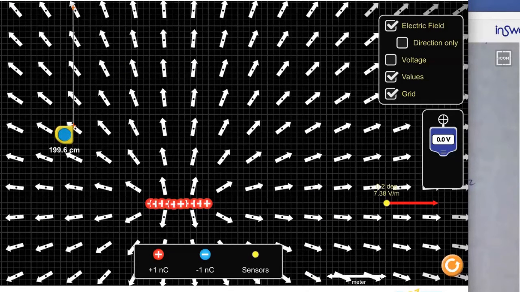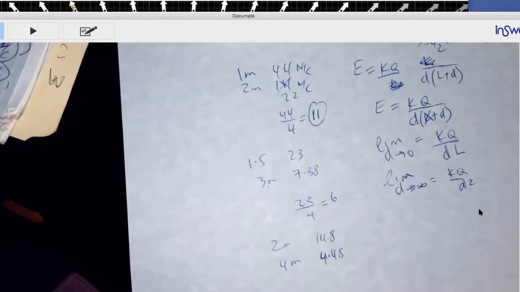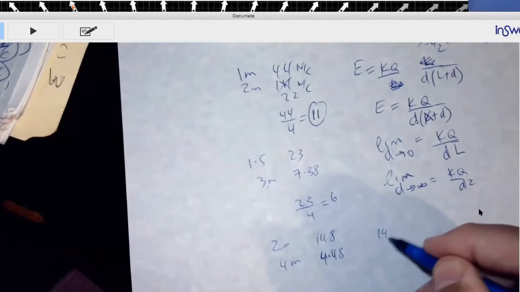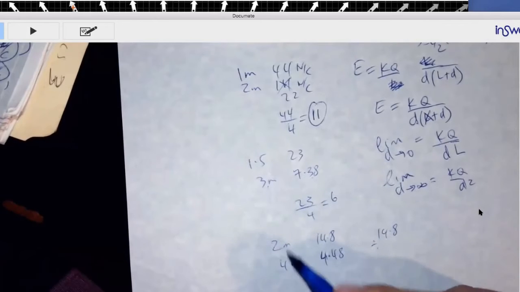Let's compare 2 meters, which is 14.8. And then 4 meters, 4.48. Okay, now is that square? 14.8 divided by 2 squared.